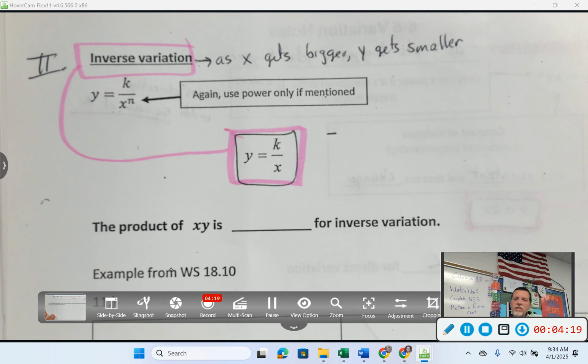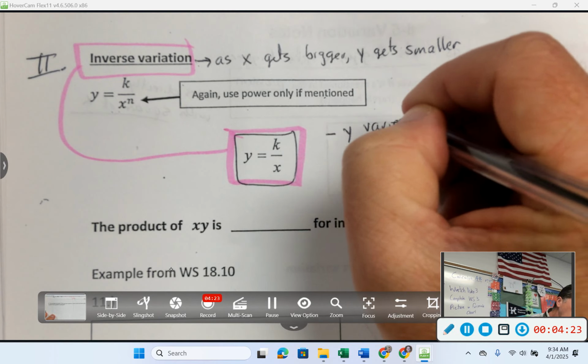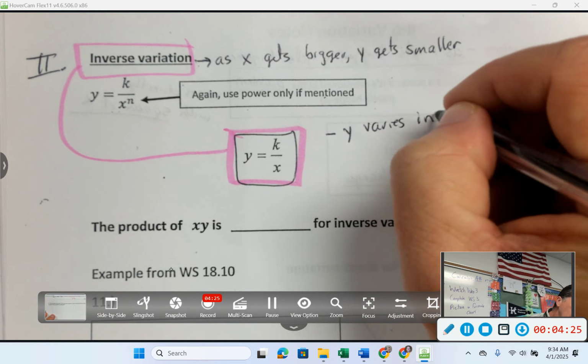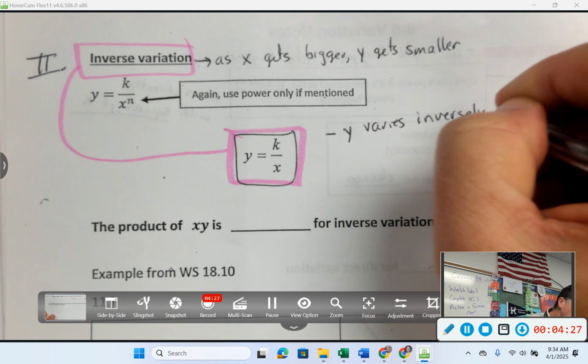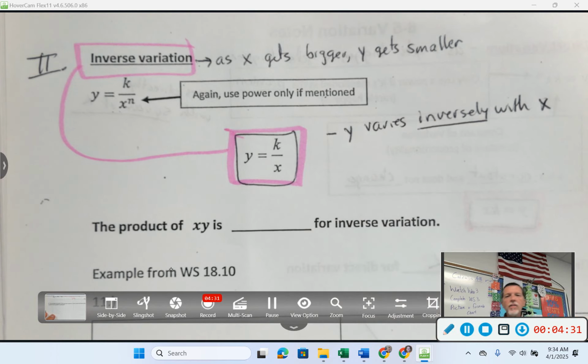There's a couple ways it could be phrased. The most direct way would be y varies inversely with x. That's when you know it's inverse variation, so it's y equals k over x.